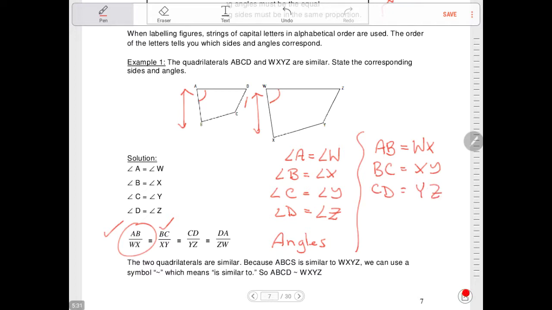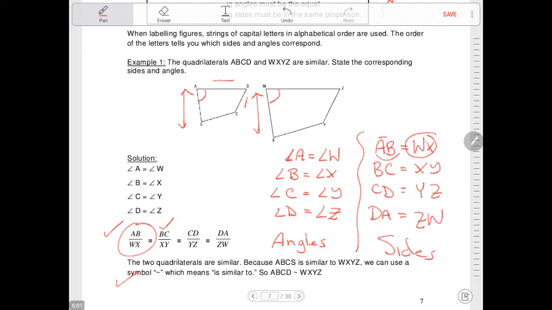And finally, we should now be at this connection up here, D to A or A to D. Don't worry about lettering too much, it is the same as ZW. The point is, everyone, you're trying to identify the similar angles and sides. And this is simply how you go ahead naming them, okay? On the left here, we said the angles were equal to the angles, and on the right, we found which side was equal to which side between the two similar figures.